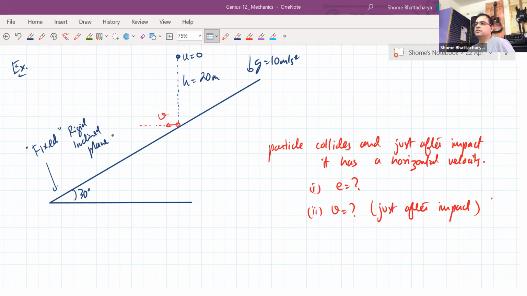Yes, Ganesh, that is correct. Can you tell me the velocity? Yeah, that's correct.